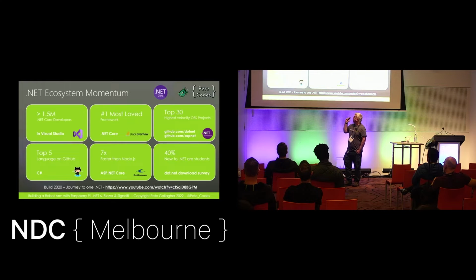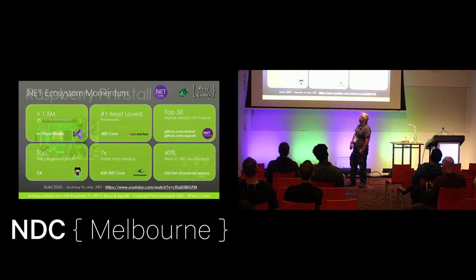This is a pretty old slide now, but the part I like is that 40% of new .NET devs are students, which is awesome. And certainly from a STEM ambassador point of view, there's a bit less Python and C sitting around in schools, but a little bit more .NET, which is great because a lot of devs just come out of university and they've only done Python and C and stick them straight into .NET and they don't know where they are. So I think that's pretty cool.